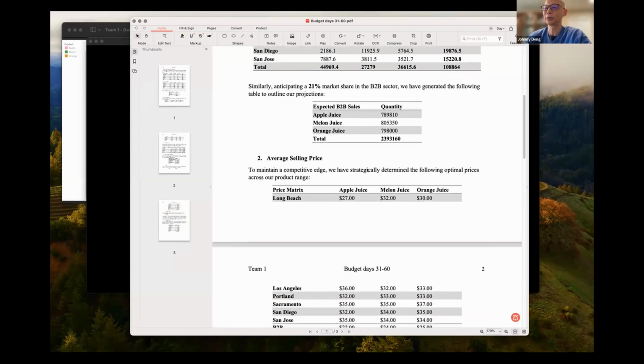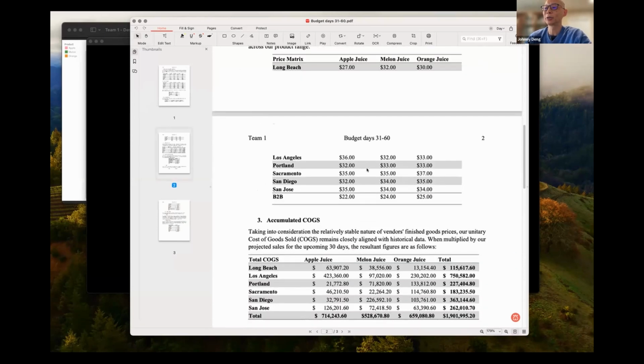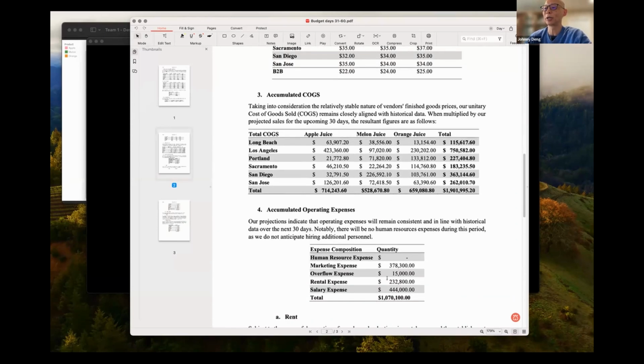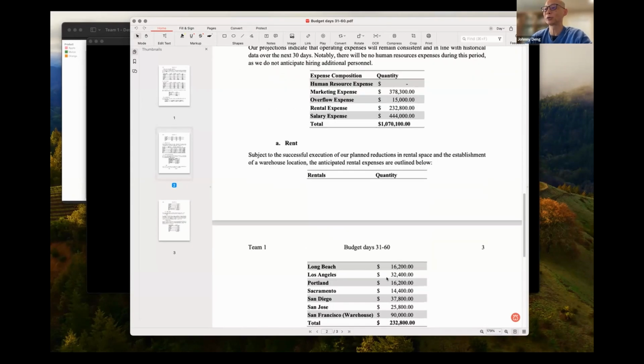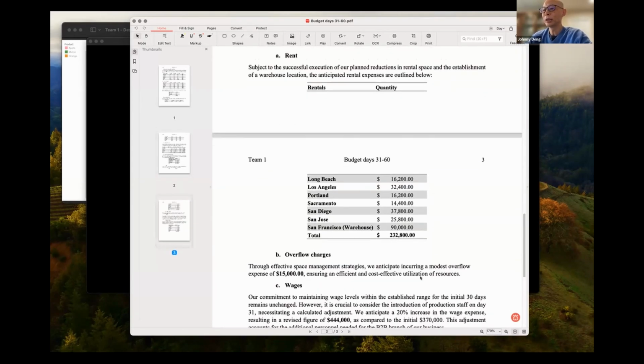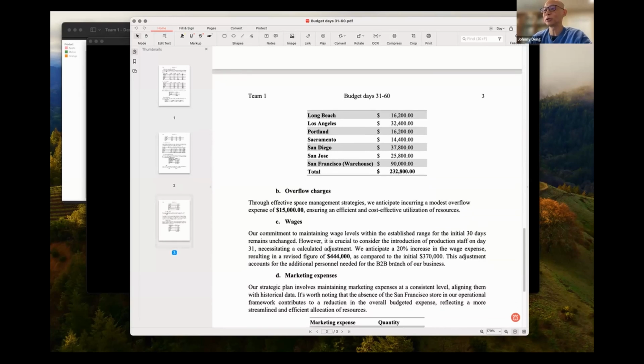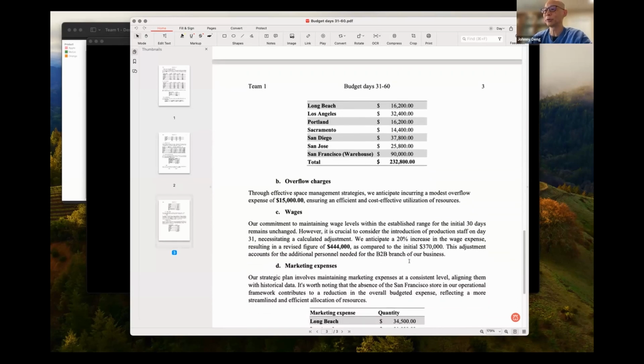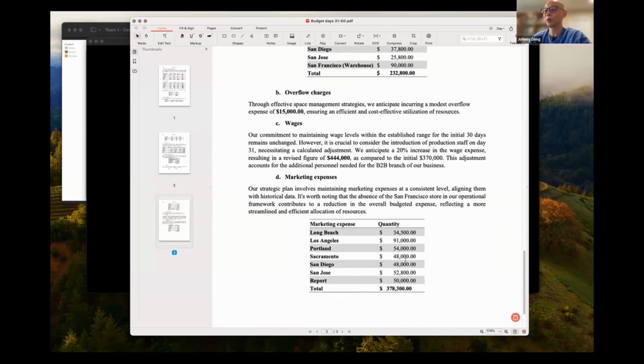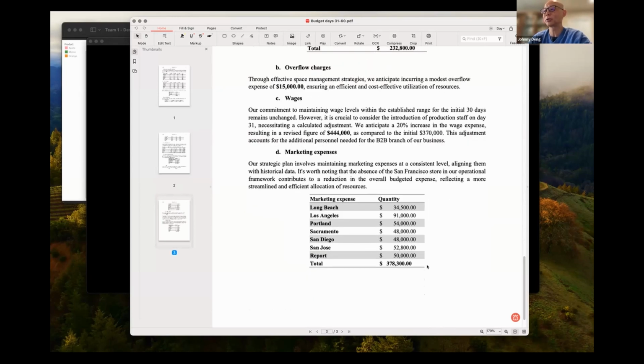Average selling price, accumulated cost of goods sold, so they have all those, and the rent is going to be... and then they justify the wage increase of 20%, and if that's what they want, that's their strategic plan. They can budget that in there. How much marketing they want to spend on each of the locations, and so on and so forth.